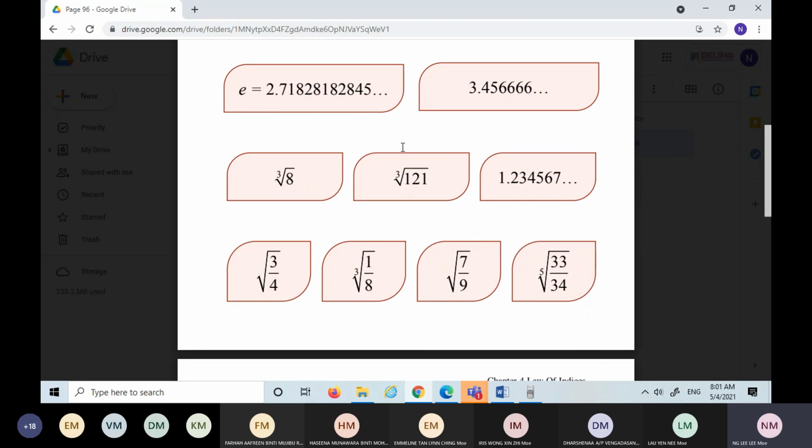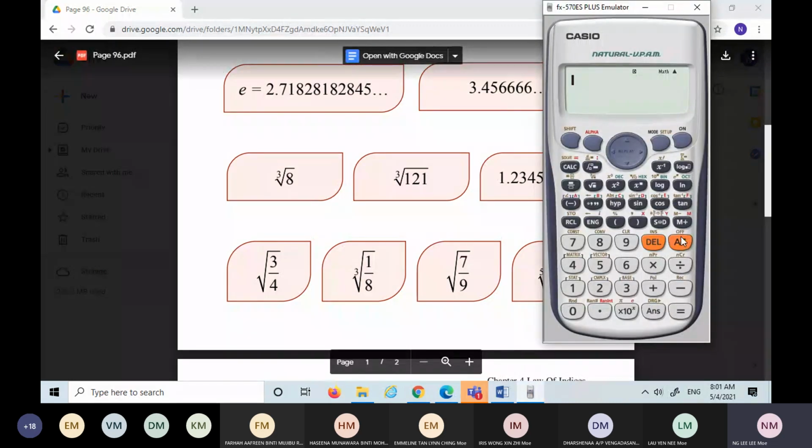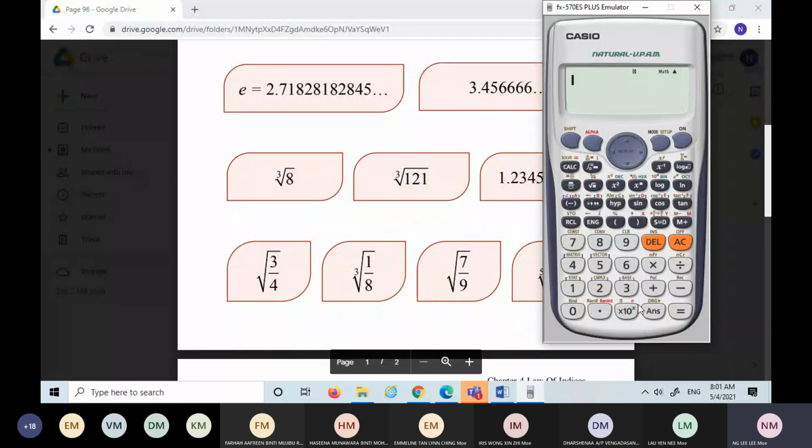Yes, teacher. Okay, this E, we're going to learn it afterwards. I don't know where, 4.3, 4.4, something like that. The E is actually a number, exponent. If you use a calculator, you can see the E here. I think alpha, and this key, equals. This is a number. E is just a number, something like pi is just a number. Don't worry about all this.